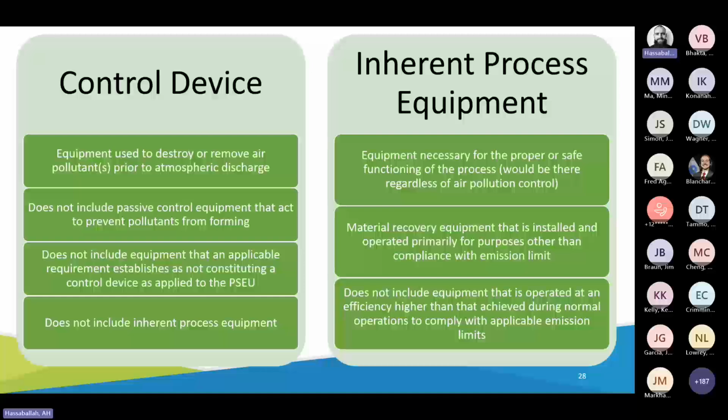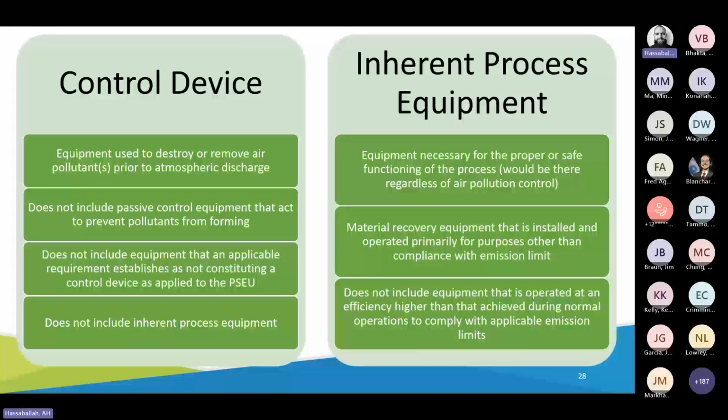The tricky part is that some equipment may seem to meet the definition of control device, but they're actually not. And the classic example here is a fabric filter on a pneumatic conveyance system.